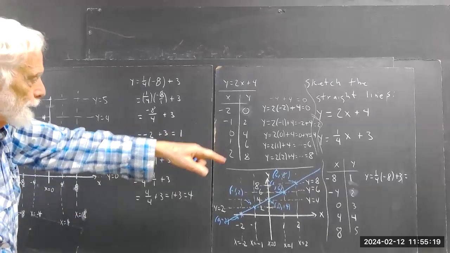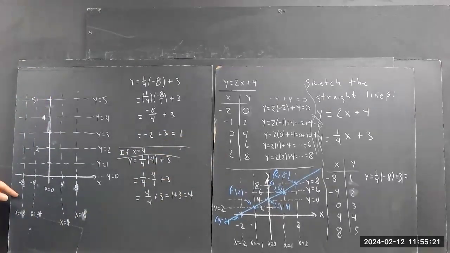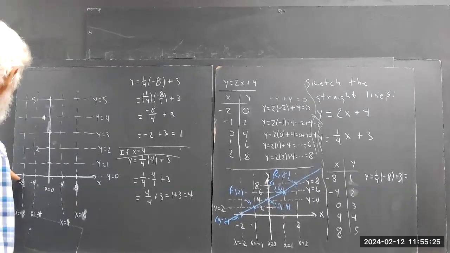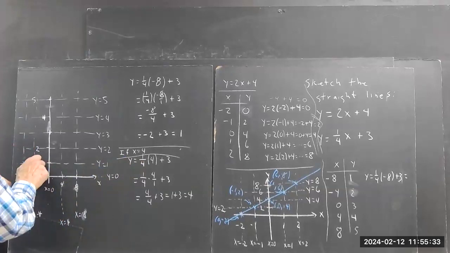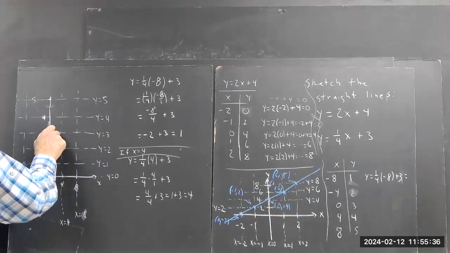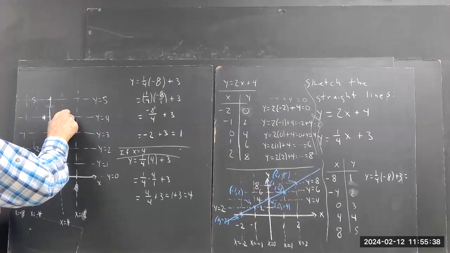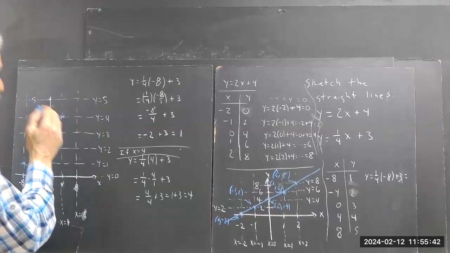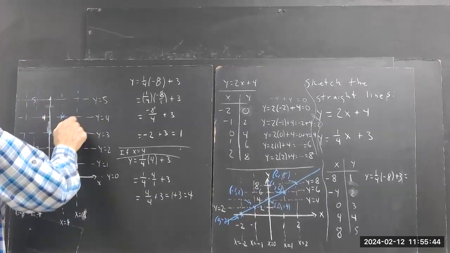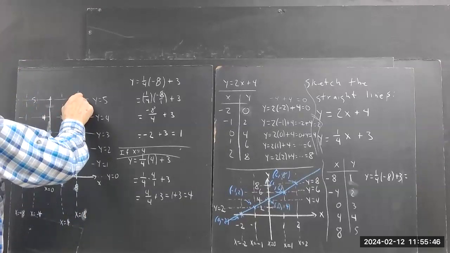Okay, so we need x equals -8. And all I saw was -2, which made me realize I need to be more careful. Okay, so -8 and -1 gives this. -4 and 2 gives us this point. 0 and 3, 4 and 4, 8 and 5.